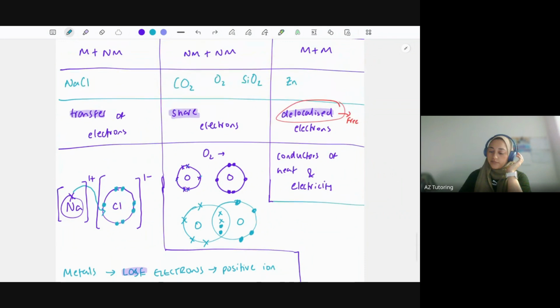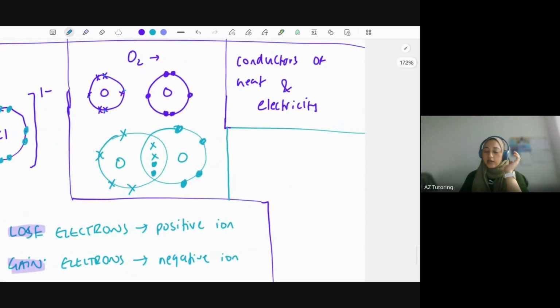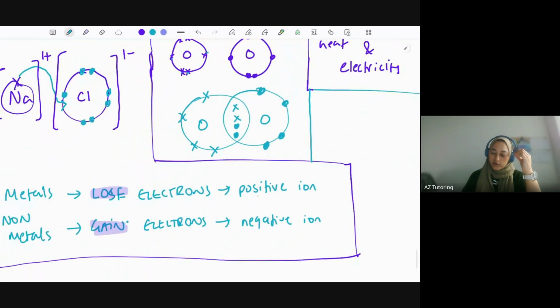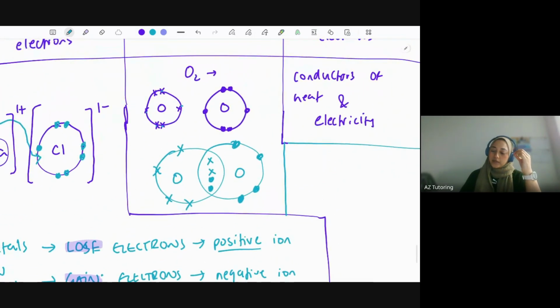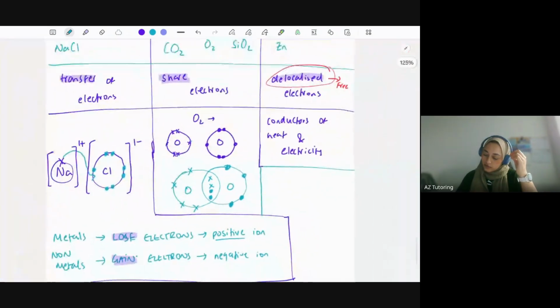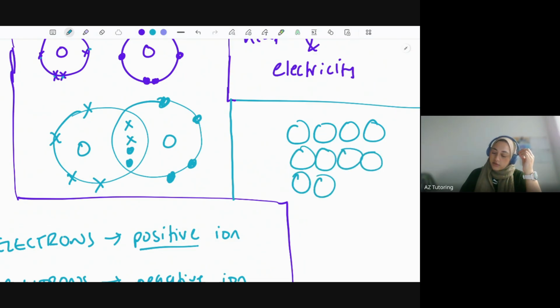Let's have a look at metallic bonding now. How can we draw something that's metallically bonded? This one's quite straightforward. Metals are positive ions, as we've already spoken about. So you represent the metals. There's not a certain amount of circles that you need to draw.